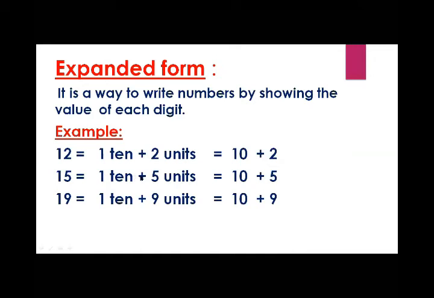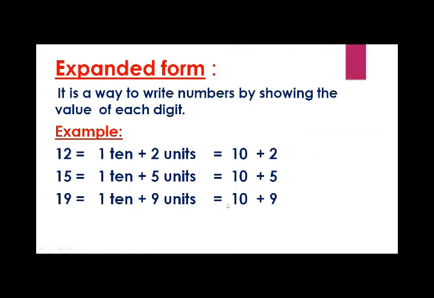So 1 ten plus 5 units equals how many? 1 ten means 10, and 5 units means plus 5. And 19, how many tens and how many units? 1 ten plus 9 units.